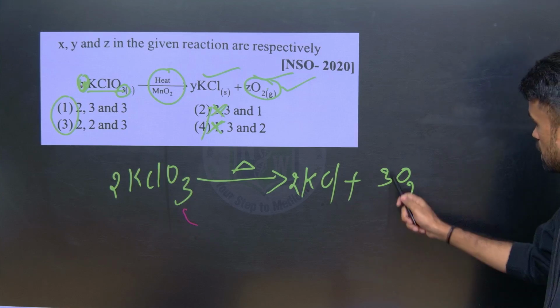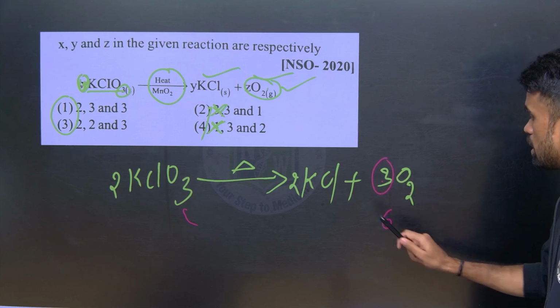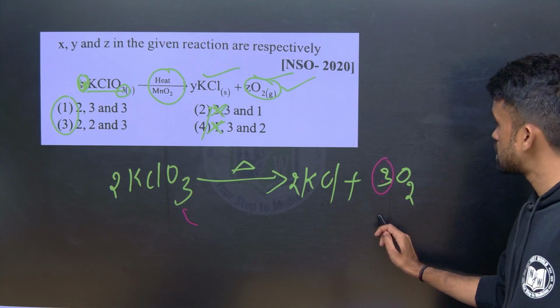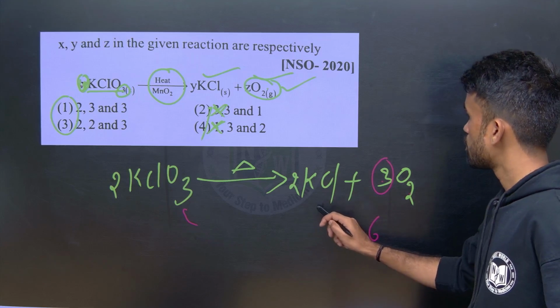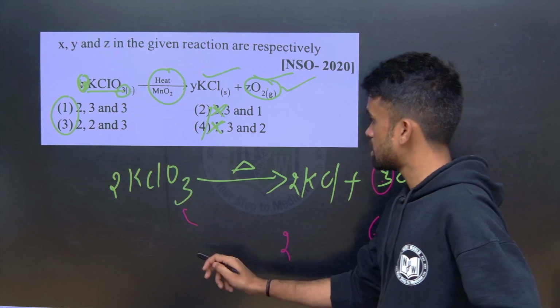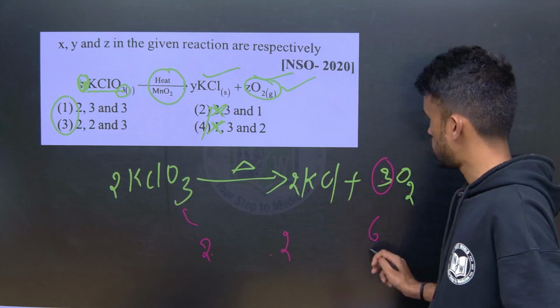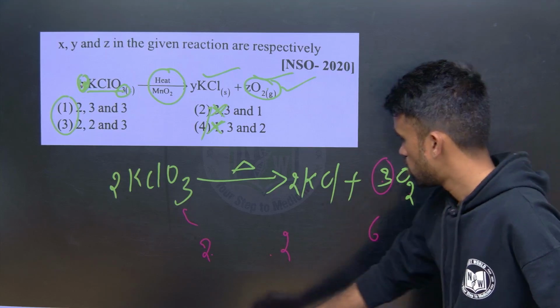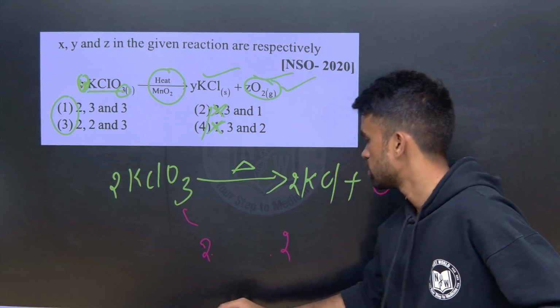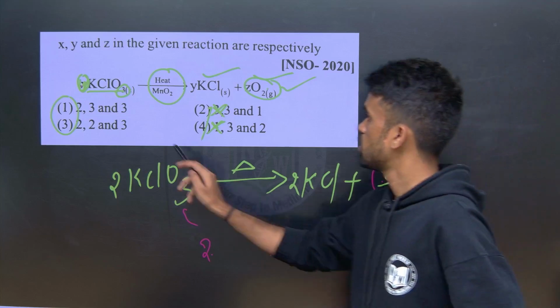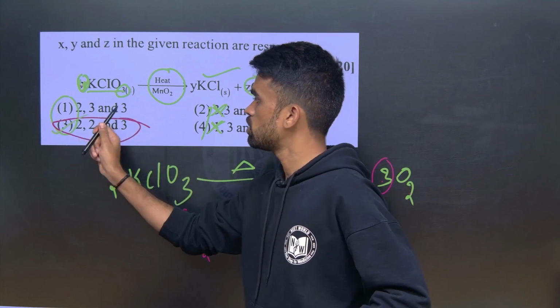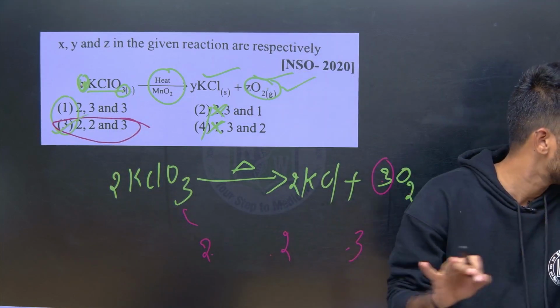So 3 times 2 is 6. So we got an even number here. So Z is 6, Y is 2 and X is 2. So 2, 2, 3, we have option 3, 2 2 3. So you can go with option number 3. Hope it is also clear now, right?